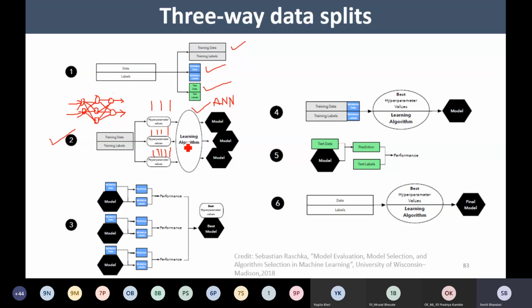Okay, so what we want to do is tune those parameters. We want to find out which parameters are actually giving us good results, right? And that is why we are selecting various hyperparameter values here. As I mentioned, one setting might be one input layer, one hidden layer and one output layer like this.